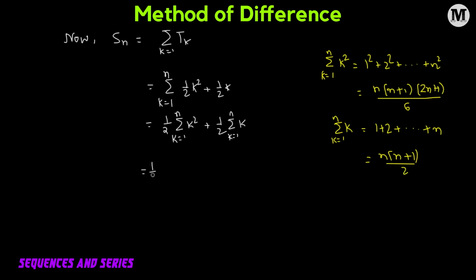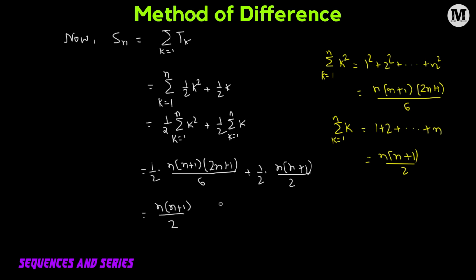So we have half multiplied to n times n plus 1 multiplied to 2n plus 1 whole divided by 6 added to half multiplied to n times n plus 1 divided by 2. Now we're going to combine the two terms. So for this, let's take n times n plus 1 divided by 2 as the common factor from both of the two terms.